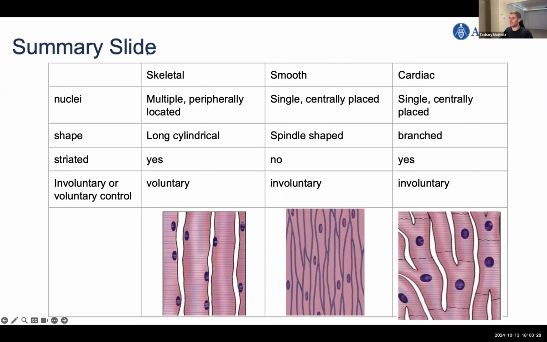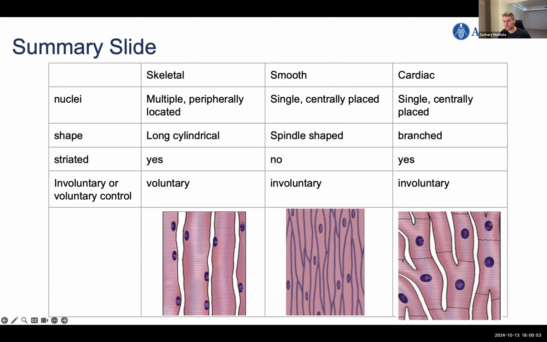All right, so back to this table. I hope this makes a lot more sense to you now. So remember, skeletal muscle: multiple peripherally located nuclei, a long hollow tube full of contractile elements with striations, under voluntary control. Smooth muscle: you have single centrally located nuclei. They look like spindles.